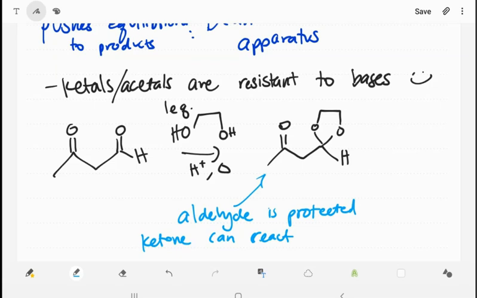And one way to do that is to use ethylene glycol or some other dialcohol. By putting in only one equivalent of it, you're going to protect only your aldehyde. If you tried to use two equivalents of ethanol or something, you might get a mix of products. This one you'll predominantly get the acetal.